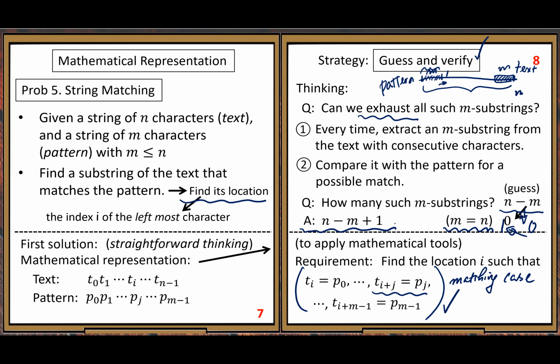This is a simple method, the guess and verify strategy: you try it on a simple example, so you can handle that simple case easily. So here you get the idea, the guess and verify idea.